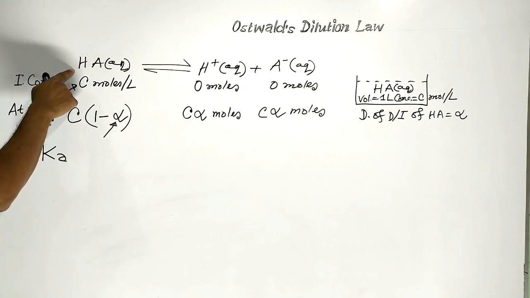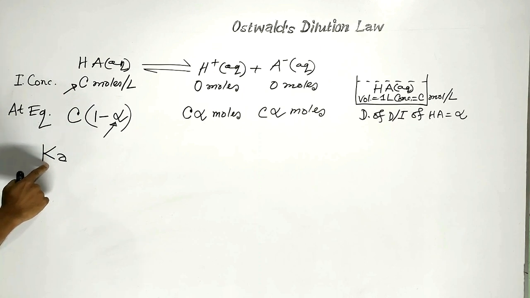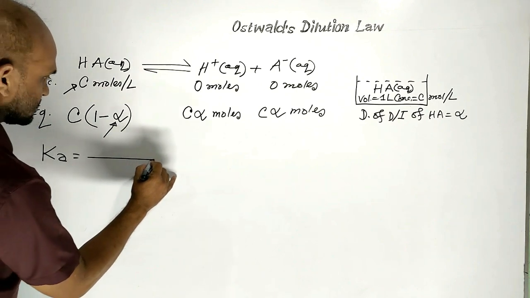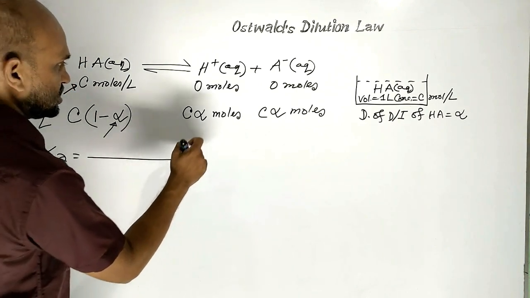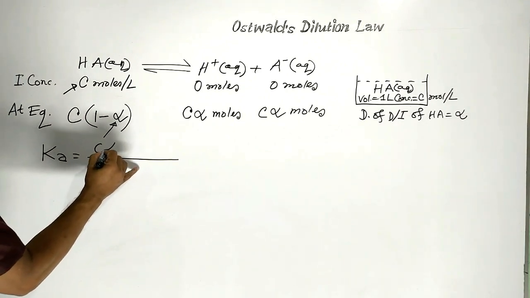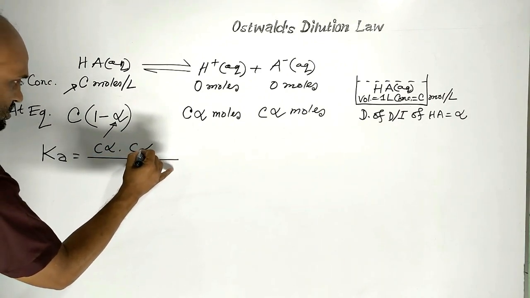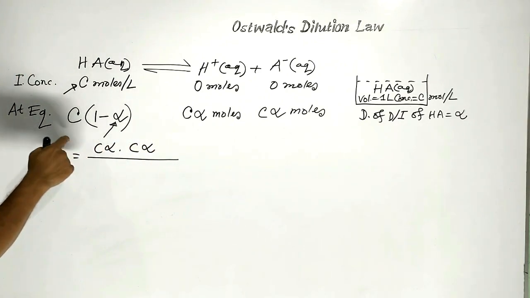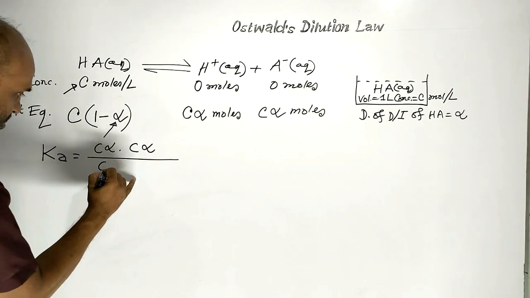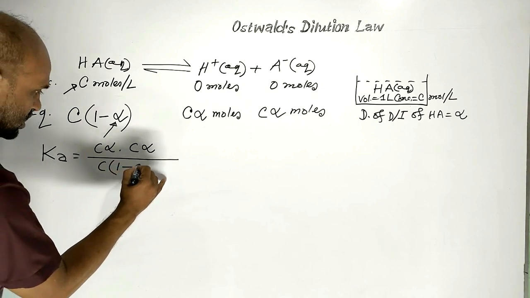as this is an acid, Ka, the acid dissociation constant, will be the product of the concentrations of the products, C alpha, divided by the concentration of the reactant at equilibrium, C(1 minus alpha).